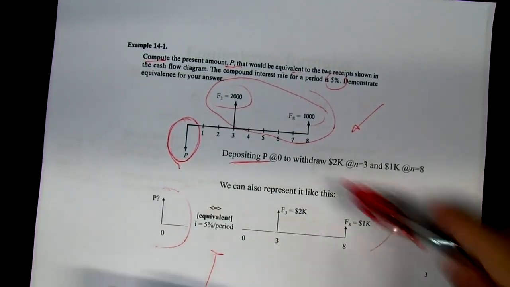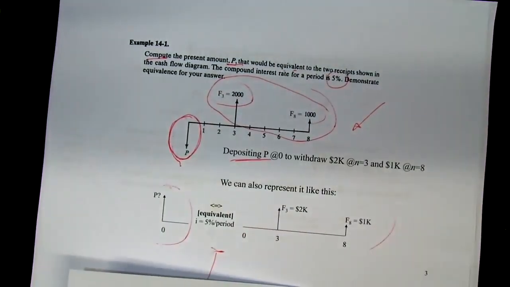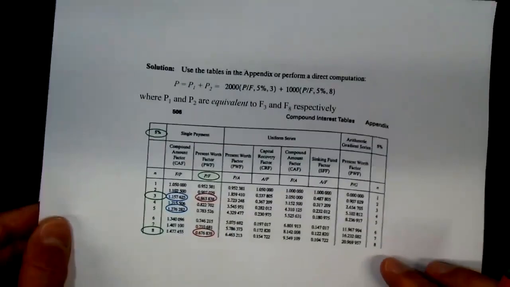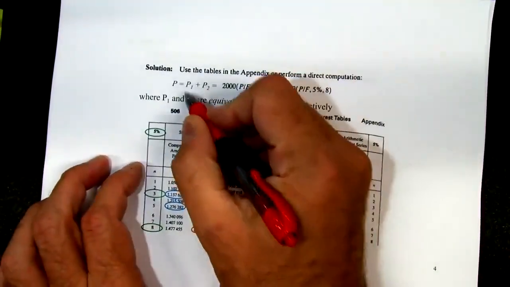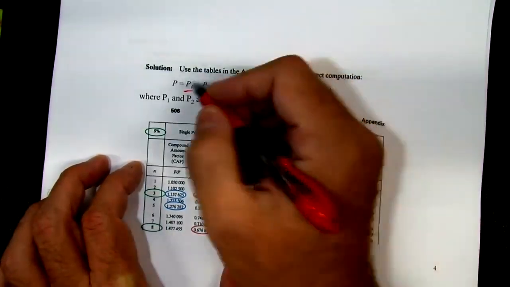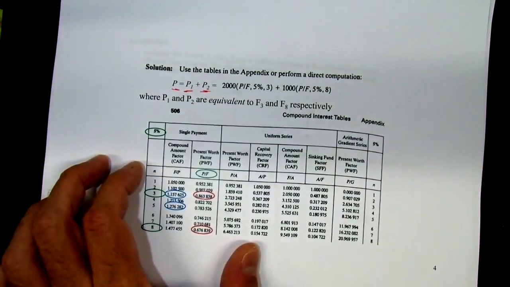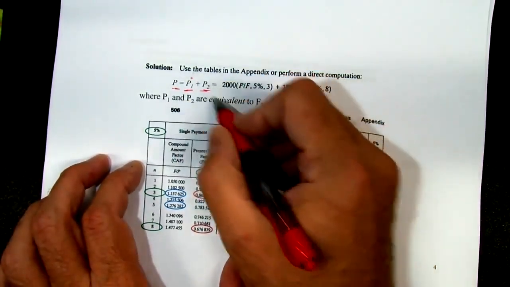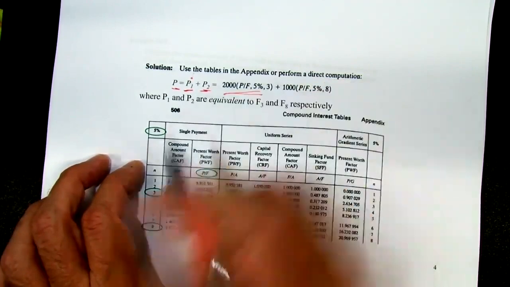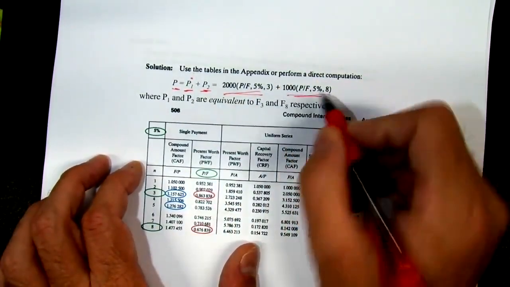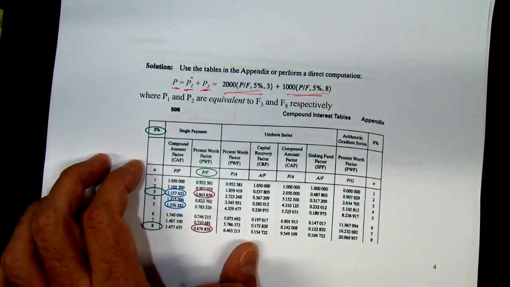What we can say for this is that your unknown P is composed of two components. You divide it up in two parts, where the first component is going to be equivalent to the first future amount, and the second component will be the equivalent of the second future amount that you want to withdraw.